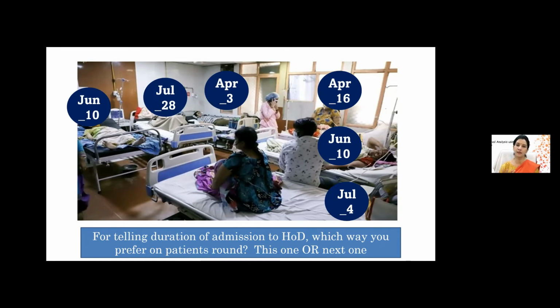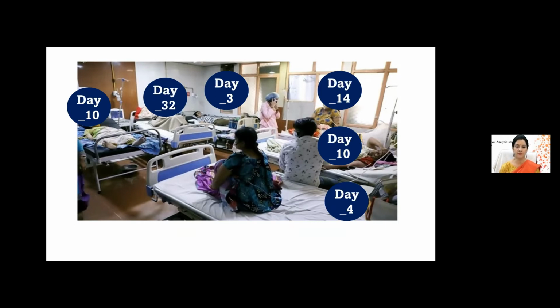So how we communicate over the rounds is that this is the 8th day of admission, this is the 7th day, this is the first day. So for all the patients who are admitted, we have a common start point, and that is their day of admission.